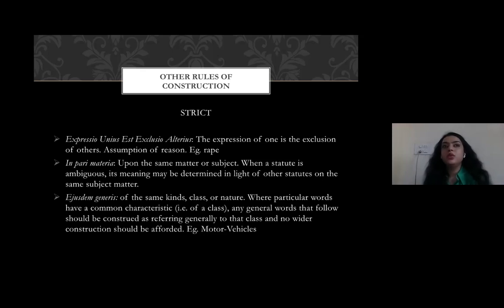Now, you cannot claim that motorized vehicles also would include an aeroplane. Technically, aeroplane is also a motorized vehicle, of course, run by power. But when you see the word motorized vehicles, it has to be read in tandem with the preceding words, which are cars, scooters, etc.